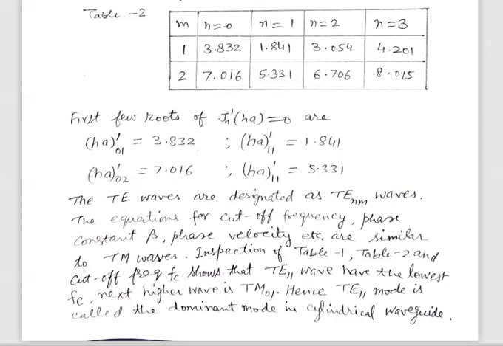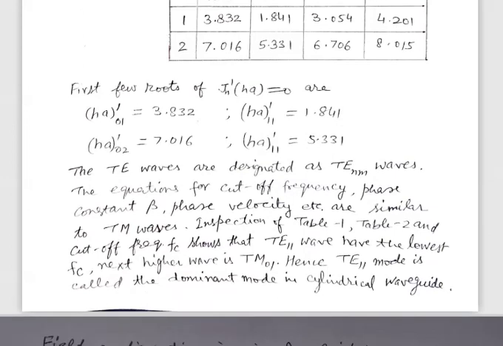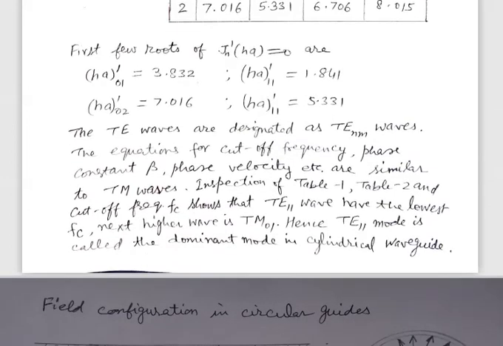So these are the roots for the TE waves. The modes corresponding to these roots are designated as TE nm waves. The other expressions for the cutoff frequency, phase velocity, and other related parameters are similar to those discussed earlier for the TM waves.